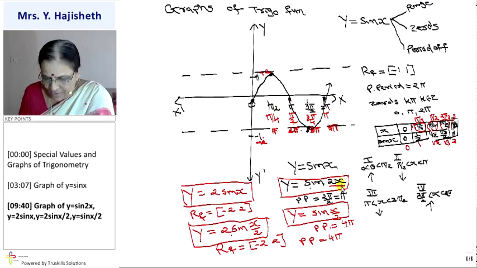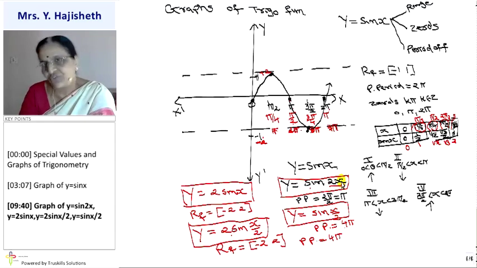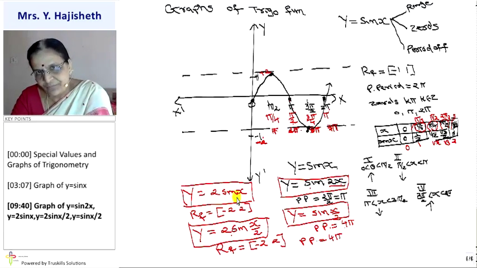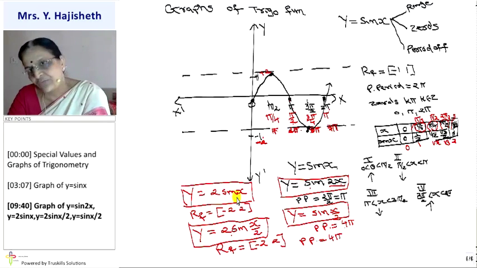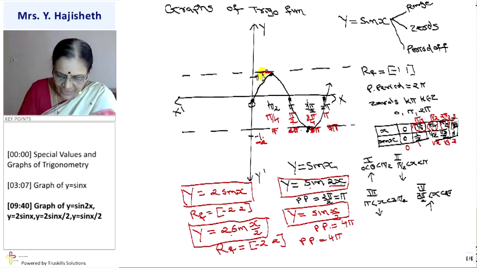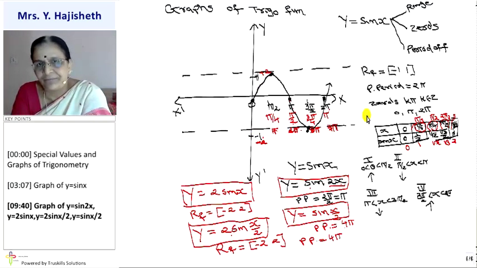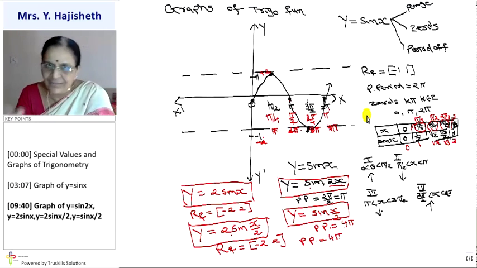If sin 2x, then the value you are making half; sin x by 2, value you are making double; sin 3x, 1/3; sin x by 3, 3 times; and range also: 2 sin x, range is double; 3 sin x, range is triple; 4 sin x, range is from -4 to 4. So only here you have to make the change with pen. Rub out this data which you have written by pencil and write down the final data with the help of pen.